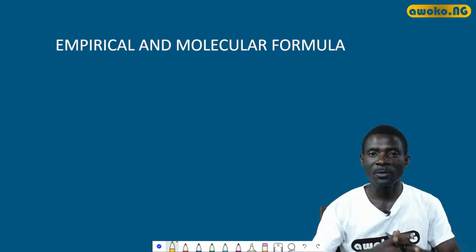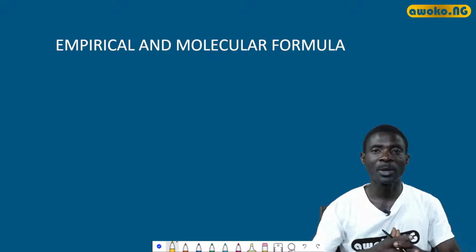When we say empirical formula of a compound, it is simply the formula that shows the number of atoms that are present in the compound. It only shows the proportion of the atoms and the way they combine in the compound. It doesn't show in detail how the atoms of the elements are combined, but it just shows the number of atoms that are combined to form a molecule of the compound.